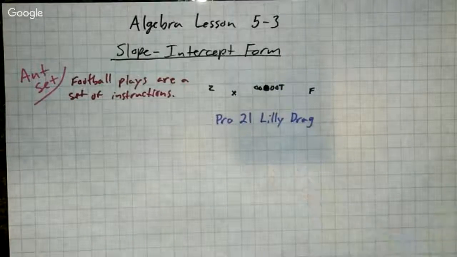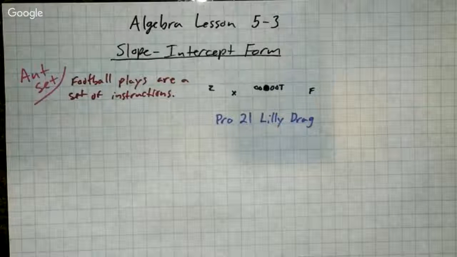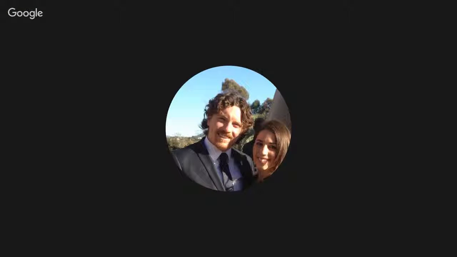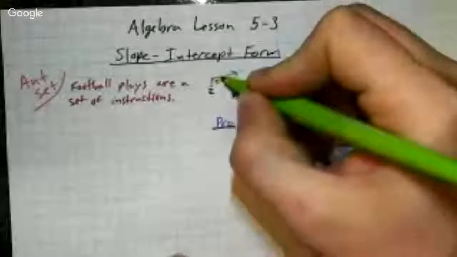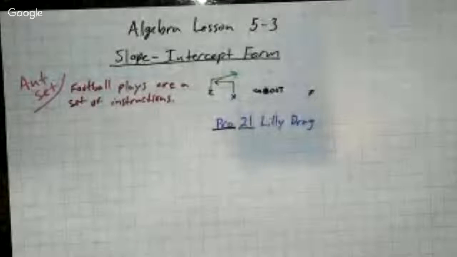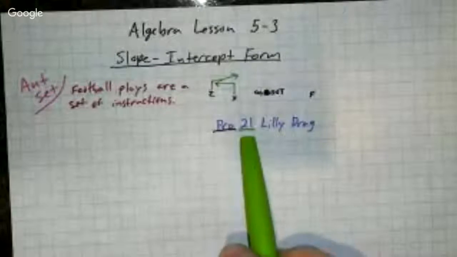So that's what the pro formation looked like. Then the next part, 21, told these two people over here what they were doing. They're running that pattern. So we knew what we were doing there.